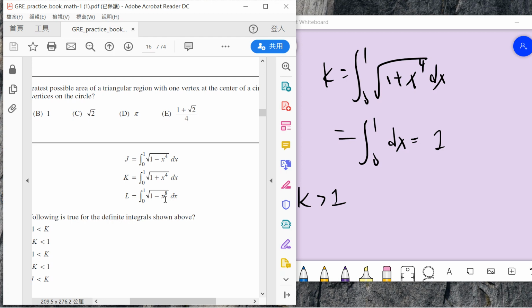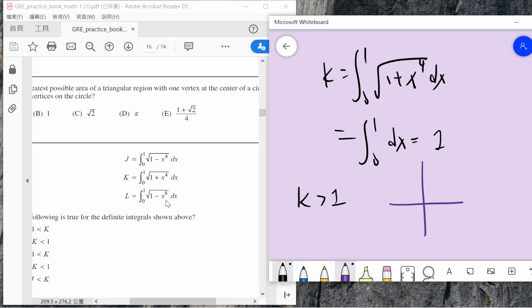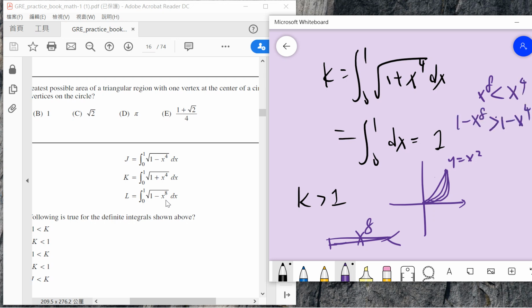So basically, if this is x squared and this is x cubed, x to the 4th, to the 5th. So x to the 8 will be smaller than x to the 4, and 1 minus x to the 8 will be larger than 1 minus x to the 4th.